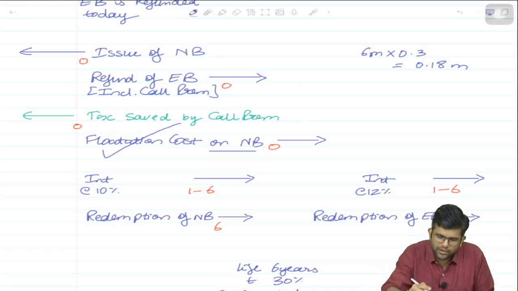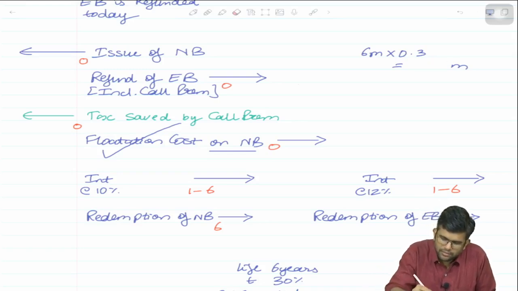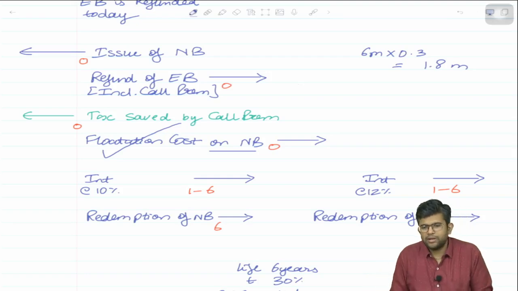Sorry, this is 1.8. Correct. What do you think accounts and tax will talk about the recognition of this 6 million? Will they tell you show one shot in first year P&L only, like that they will show? Or do you think they will say, no, you need to amortize it over 6 years? What do you think they will tell you?